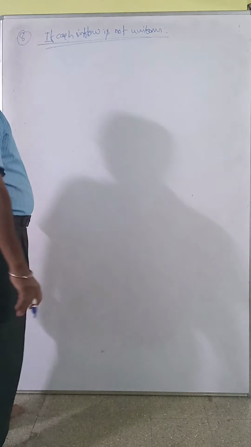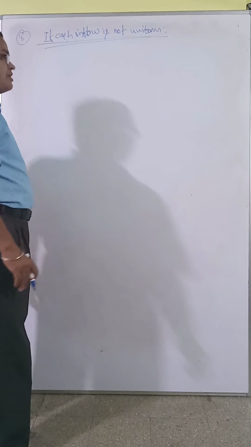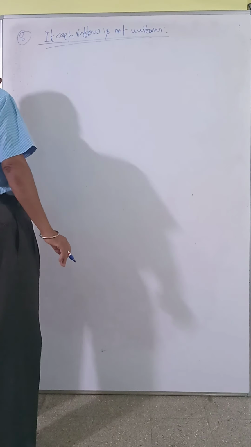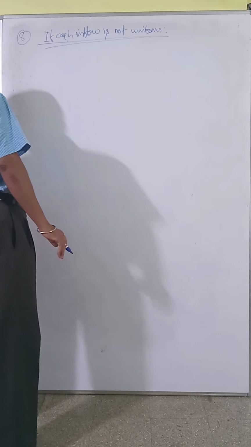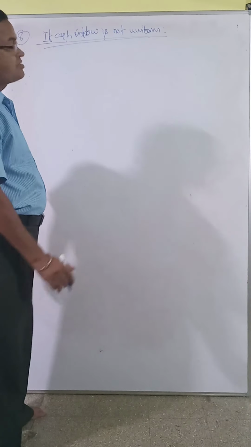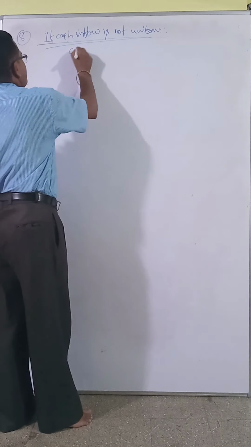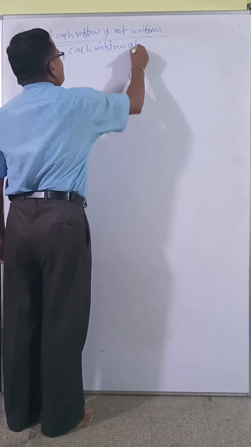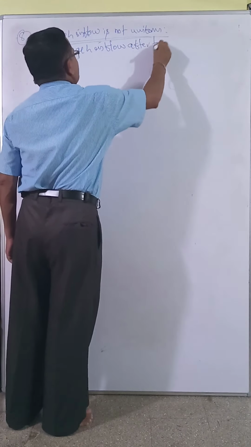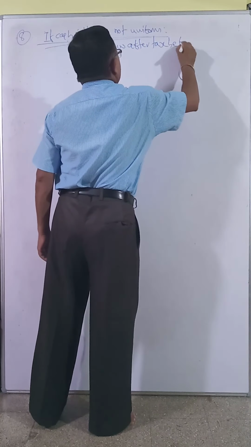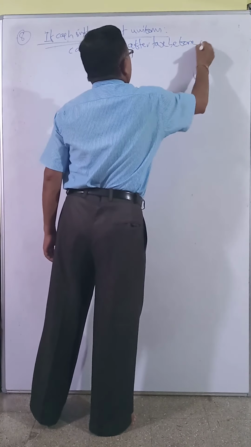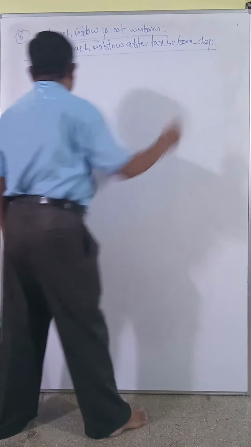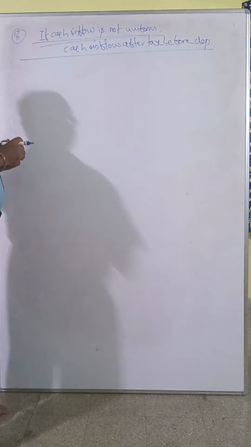See question number 8. A company has an investment opportunity of rupees 40,000, and the cash inflow after tax before depreciation is given.